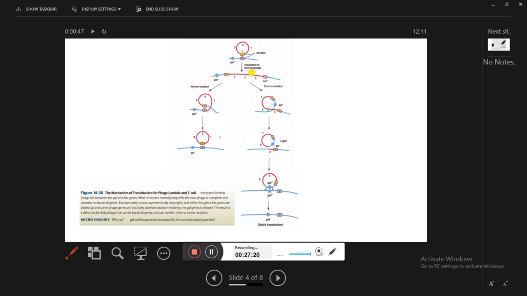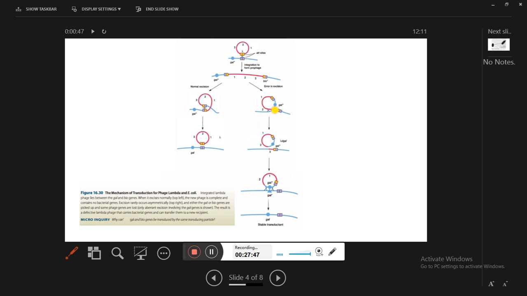Okay, so in the normal case, at the time of induction, this fast genome is excised from the bacterial genome. At that time, in the normal excision, only the fast genome is excised from this bacterial genome. In the rare case, an error in excision, it also excises the galactose genes from the bacterial chromosome or bacterial DNA.